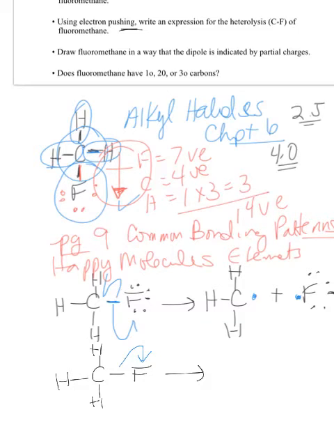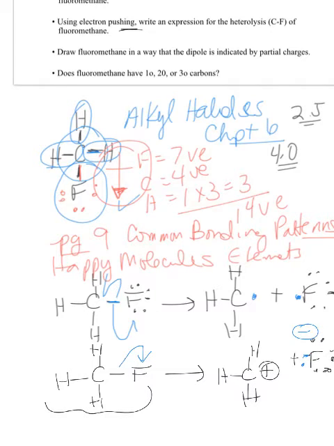When this happens, carbon is left as a carbocation, and fluorine will take the electrons from that bond. I'll draw these in as the blue. Now fluorine gets a negative charge, and carbon has a positive. Notice too, when you're writing these reactions, on the reactant side, your overall charge is 0. That means your overall charge over here on the product side needs to be 0. So you got a plus and a minus, it equals 0. And so that's the difference in heterolysis. Notice we have a double-headed arrow here.